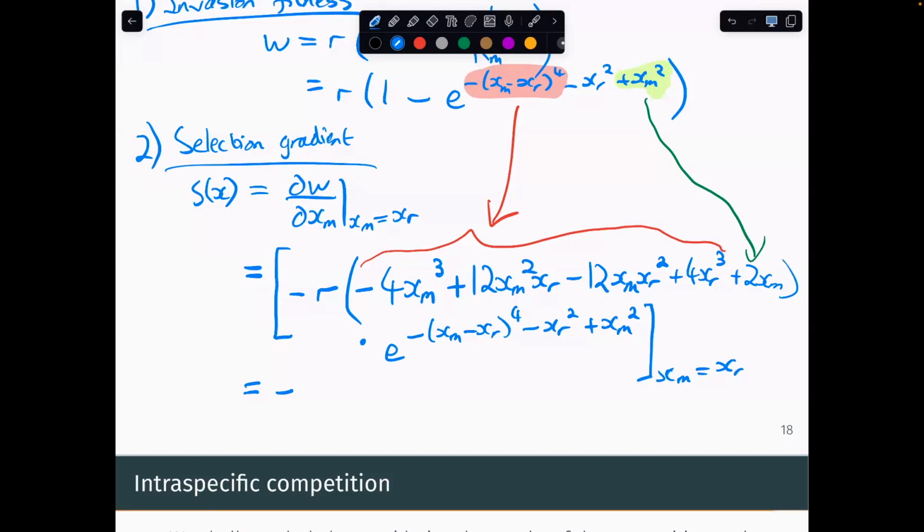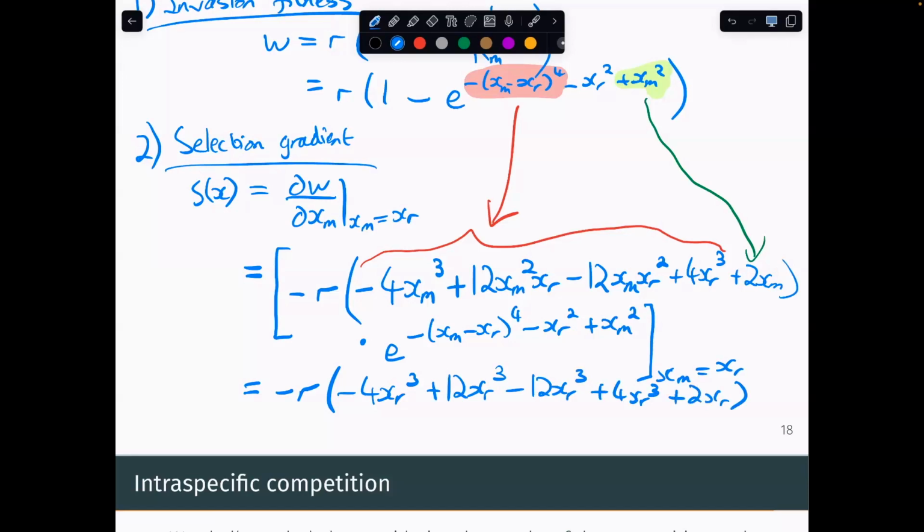So that's nice. So we'll have minus r at the front times by, again, we're going to substitute in xm is equal to xr. I'll write it all out. So we're going to have a minus 4xr cubed plus 12xr cubed minus 12xr cubed plus 4xr cubed plus 2xr.